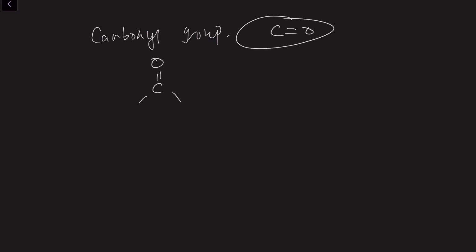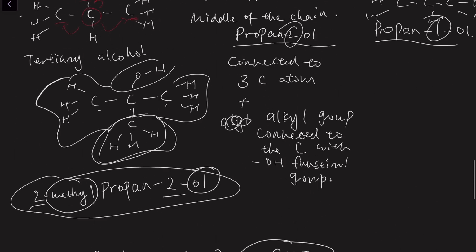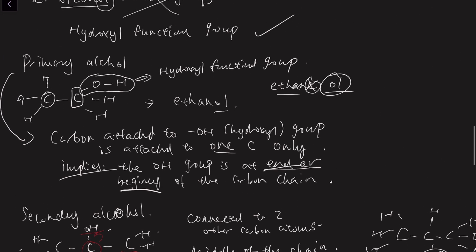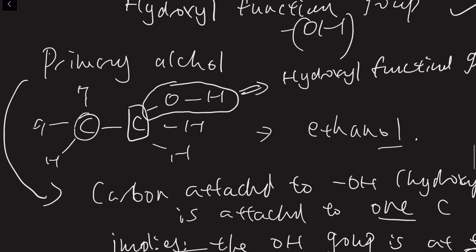This is produced via the oxidation of alcohol. So if you go back to the alcohol, the hydroxyl group, which is OH, oxidation is defined as the loss of hydrogen or the gaining of oxygen.